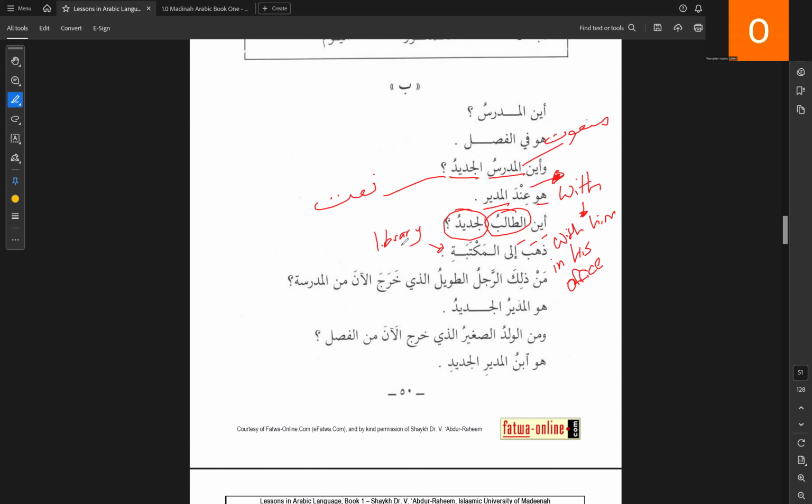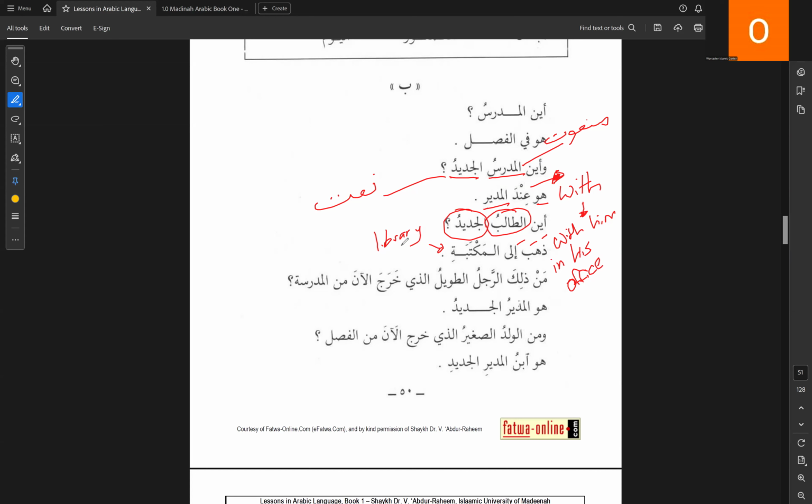What does ذهب mean? ذهب is a what type of word? It doesn't have alif lam or tanween, so it's probably not an ism. What are the two other options? It's a فعل. Very good.